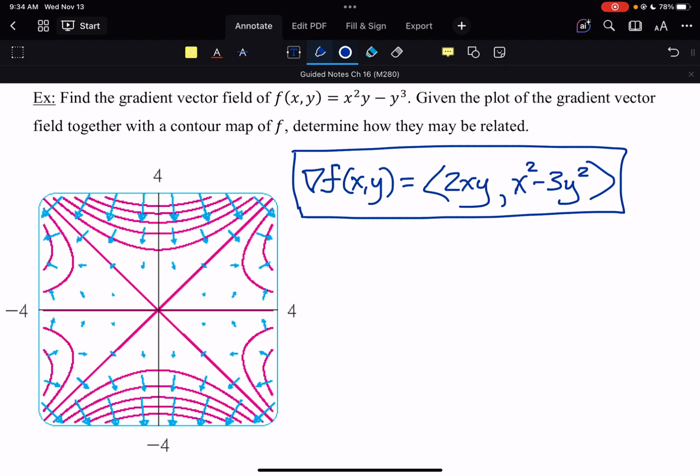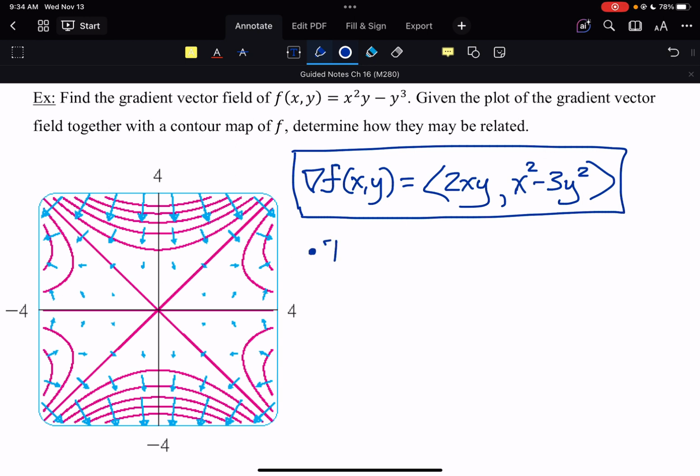If you look at any one of these vectors, notice that the vectors are cutting through the level curves. It doesn't matter which ones I pick, they all cut through the level curves. This is a definitive relationship.